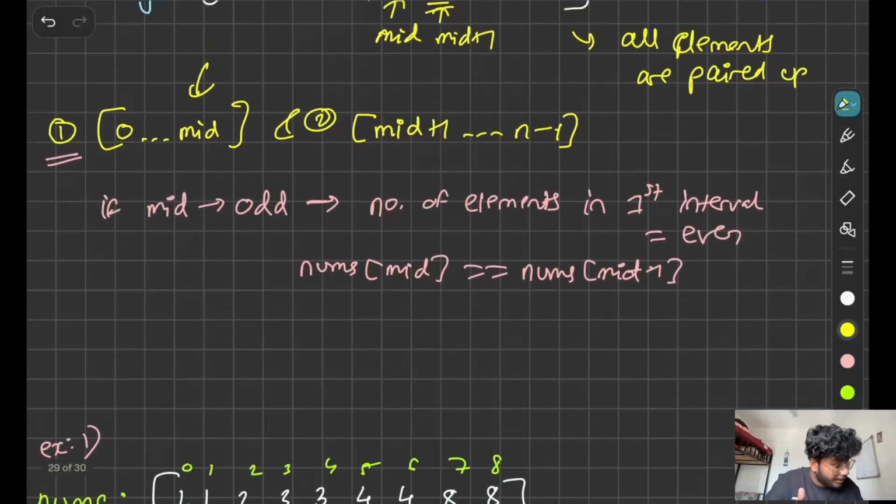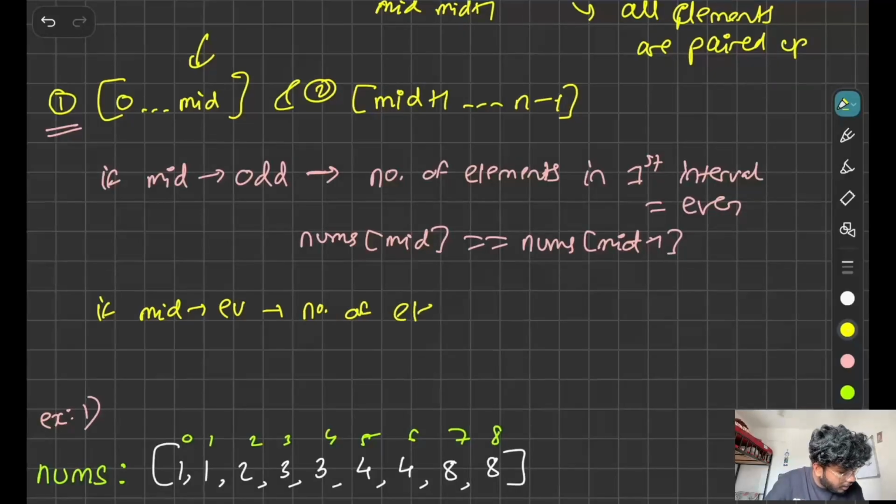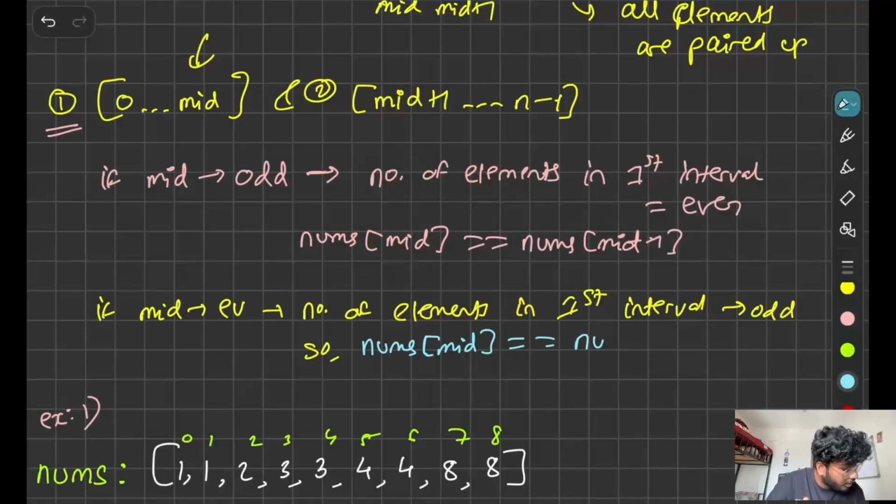So let's write it down as well. If my mid is even, the number of elements in the first interval is odd, so definitely I can say that nums of mid equals nums of mid plus 1, right?